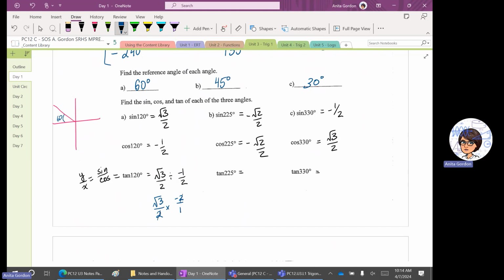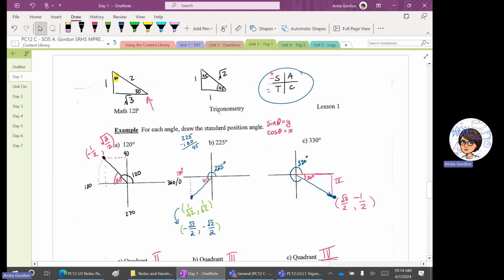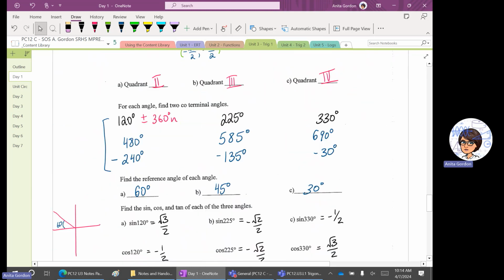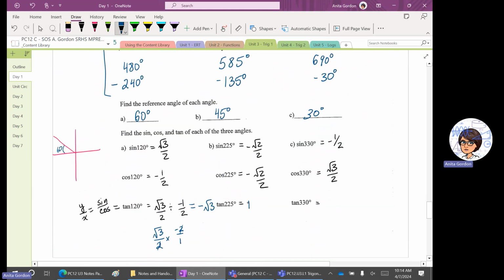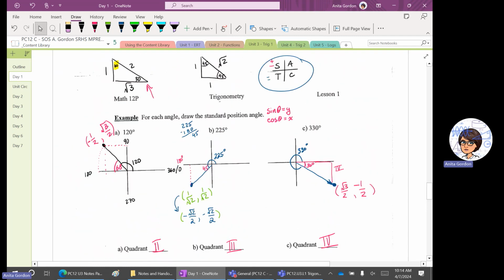We can cross reduce, and this will give us -√3 as our answer. You could also just look at the triangle and figure out what is the tangent of 45 degrees. So we can either do this algebraically or by looking at the triangle.